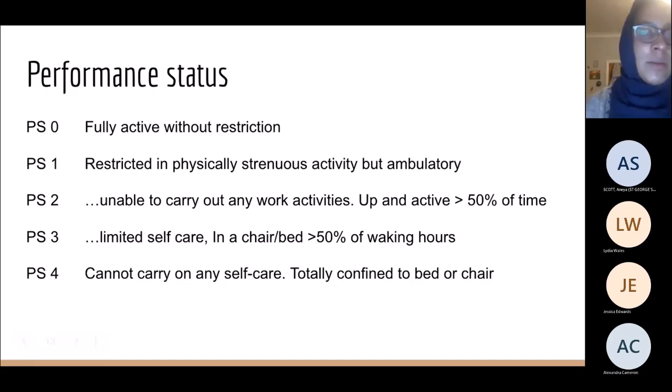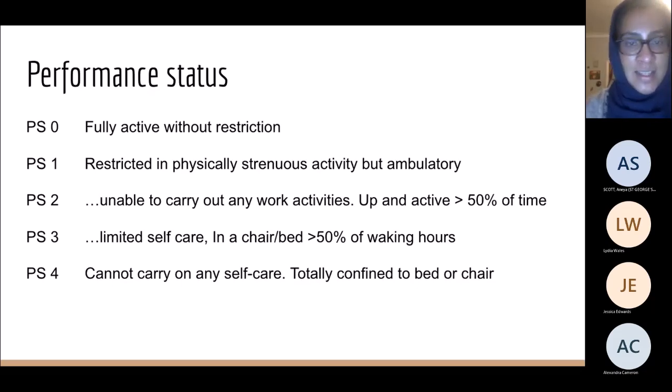However, this is all very much dependent on the individual. It's very context specific. And you also need to think whether their performance status is because of the cancer or whether it's non-cancer related. And that may also change your opinion on the treatment approach. But this is all very much based on the individual.